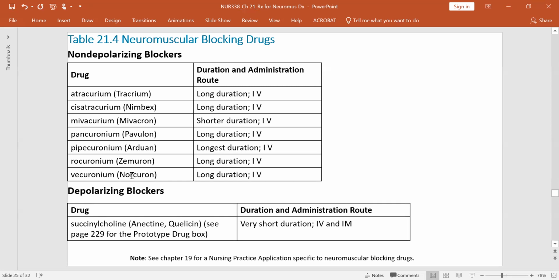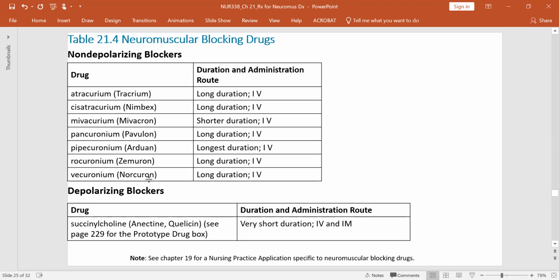The other group of medications is the non-depolarizing muscle relaxants, or non-depolarizing neuromuscular blocking agents. They compete with acetylcholine for the receptor. The top box includes the most common drug, pancuronium, or Pavulon. You can take it as a prototype drug for this group.